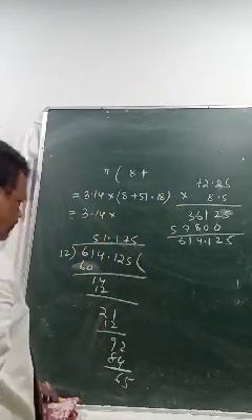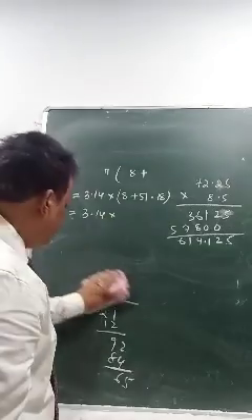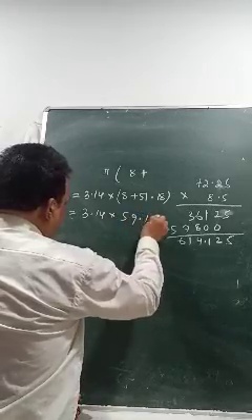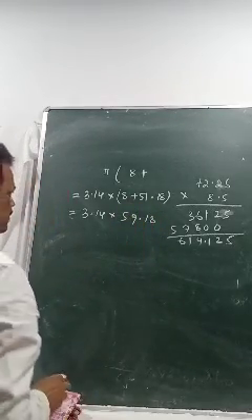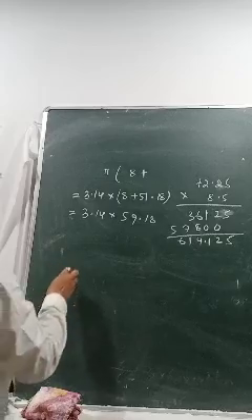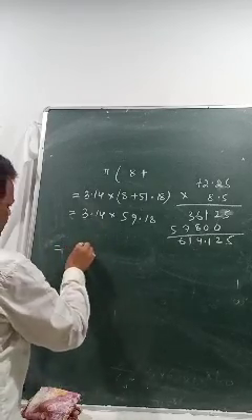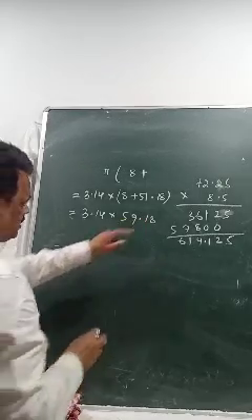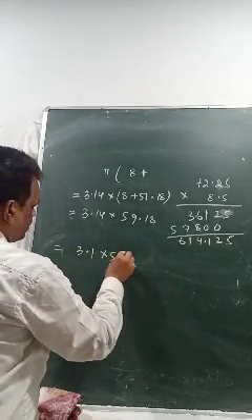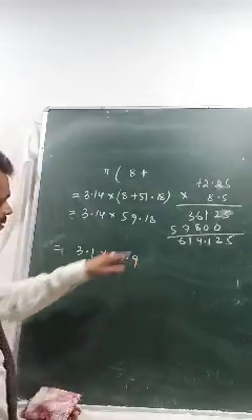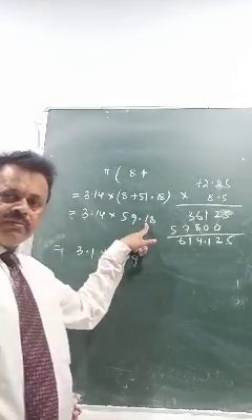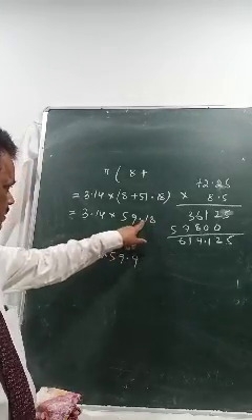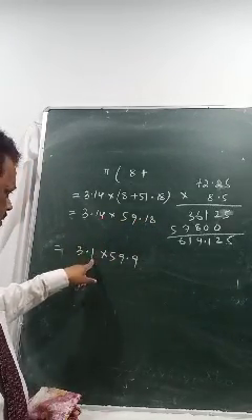So 3.14 into 59.18. Okay, so round off: you want to make a smaller number, 3.14 becomes 3.1, and 59.18 becomes 59.9, rounding off up to the tenth place. See the next digit: if more than half of 10, add 1 to this; if less than half of 10, don't add it.